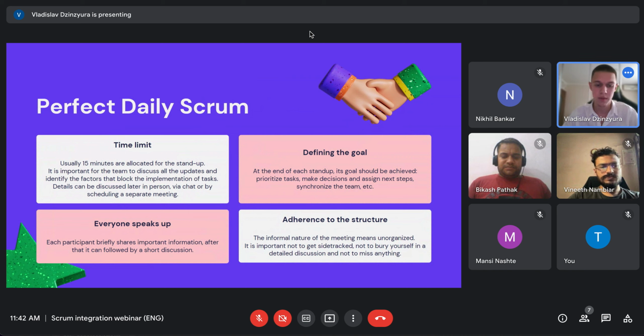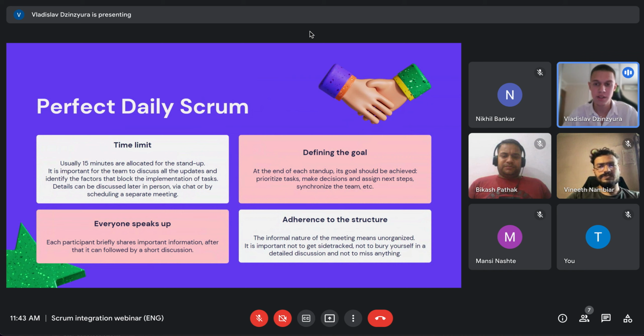Defining the goal. So it's important that everyone understands why and for what purpose they have gathered and is ready to discuss the topic. So at the end of each stand-up, its goal should be achieved. So what are the goals itself? First of all, it's the prioritization of tasks.